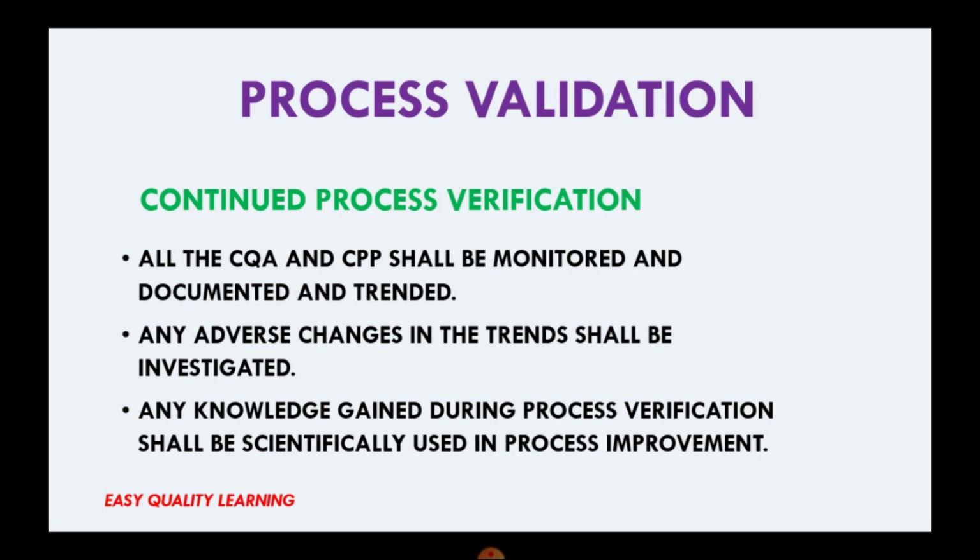Now as per the new guidance, it is not like that. Your process validation starts from your process design and formulation design, then process qualification needs to be done, then continued process verification needs to be done, and this is a complete cycle of process validation which keeps on going.